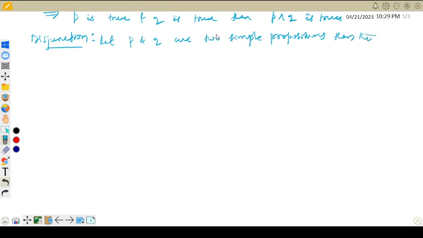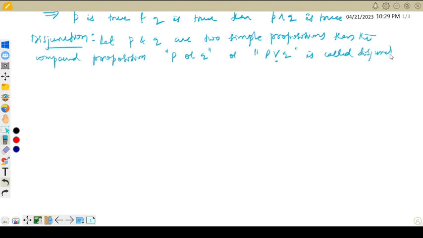Then the compound proposition P or Q, which can also be written simply as P or Q, this symbolical notation is called the disjunction of two propositions.